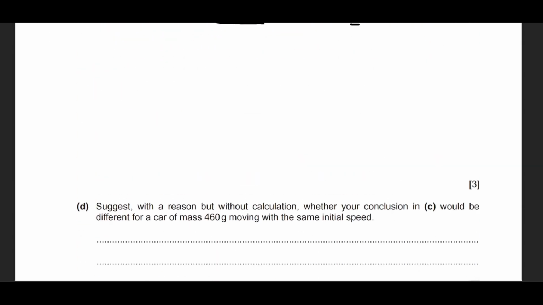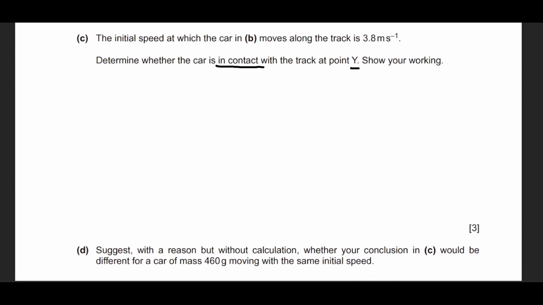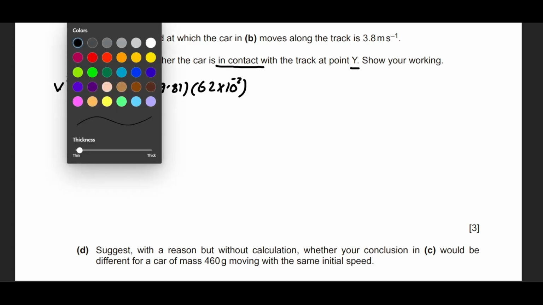So we can use a simple equation of motion, either in terms of energy calculations, or in terms of kinematics as well, that v square equals u square plus 2 into negative 9.81 because it's moving against gravity, and then 62 into 10 raised to power minus 2 to convert this into meters, right?